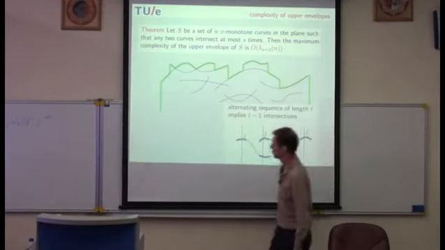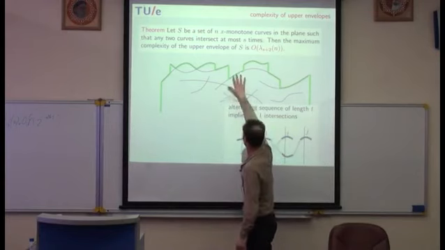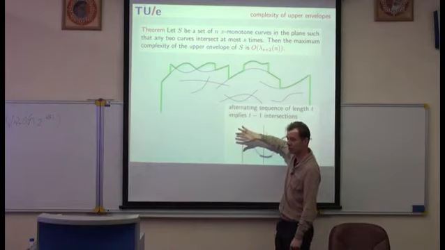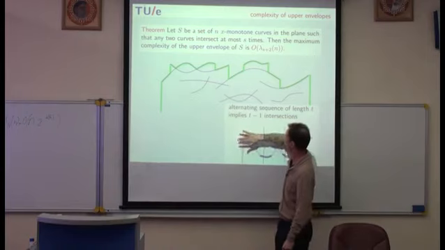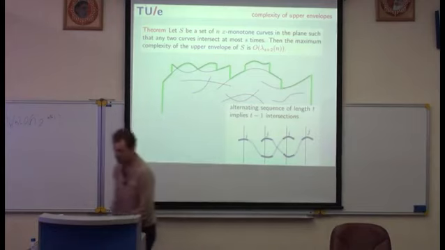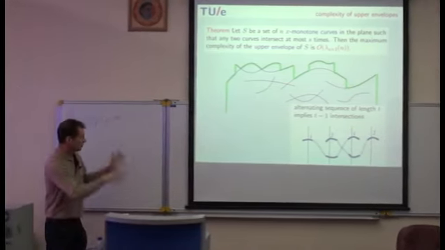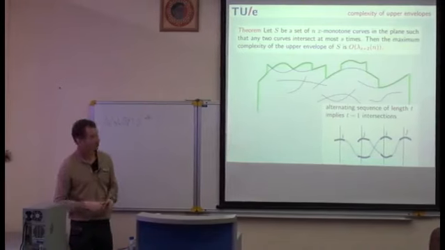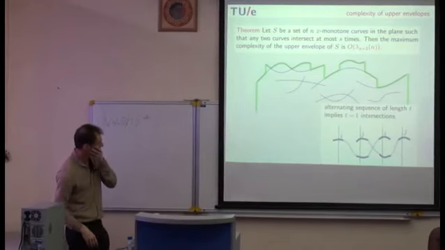Maybe I should also account for places where none of the functions is defined, like here. Maybe you need to add an extra term n or something for that, but let's ignore this.